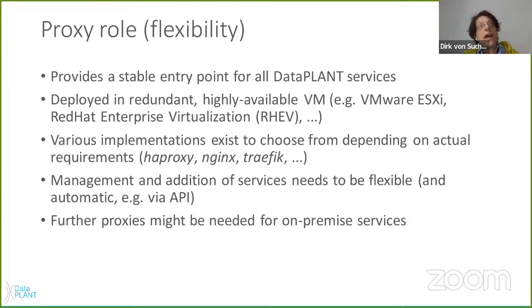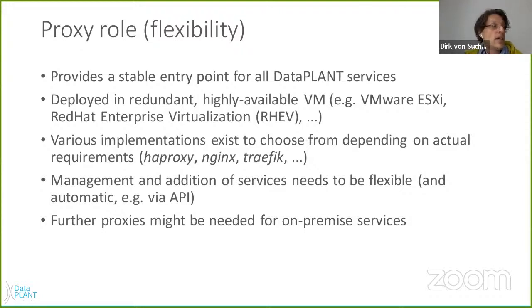We have such a stable entry point defined, which is installed on a redundant, highly available virtual machine. This could be, for instance, VMware ESXi, or whatever installation, Red Hat Enterprise Virtualization, and so on.